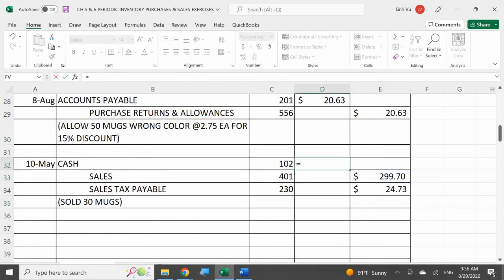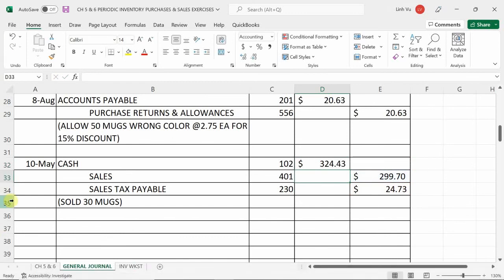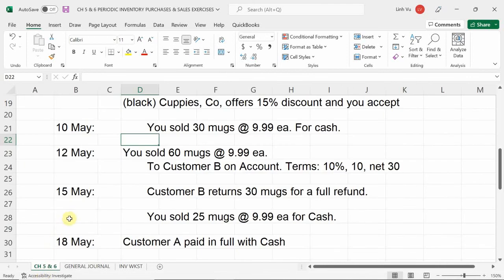Good. So I'm going to collect a grand total of $324.43. Okay. Once again, do we update this in our inventory? At the end of the month. Yeah, not now, later. Okay.